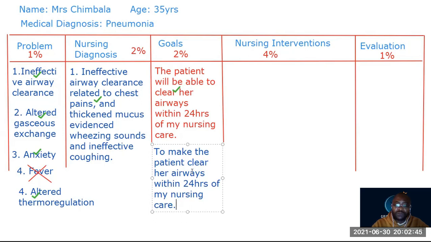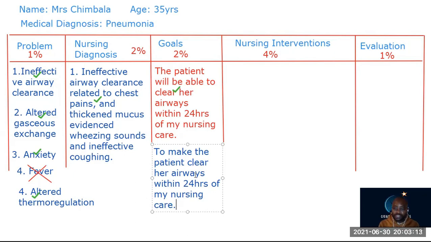The second one is focusing on you as a health personnel, what you want to acquire. You want to make the patient clear her airways, meaning it's your goal as a nurse. This is what you are setting for yourself after you carry out these interventions.